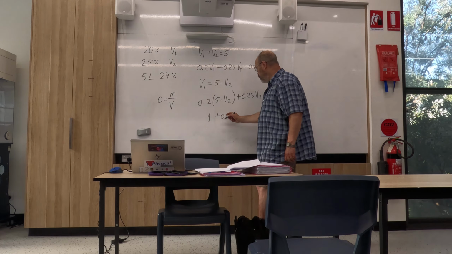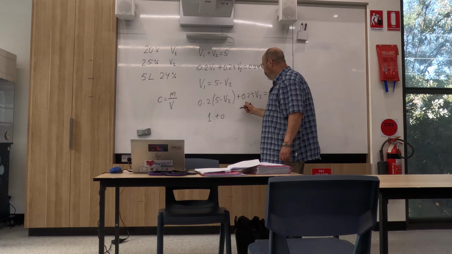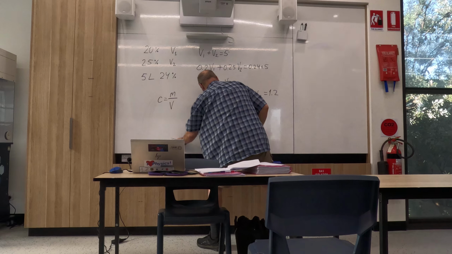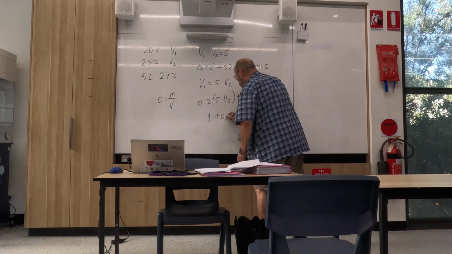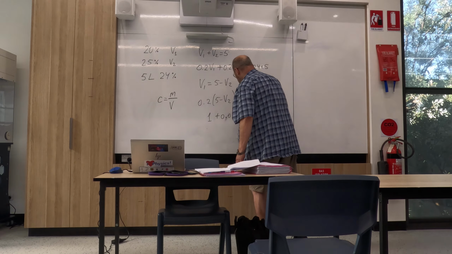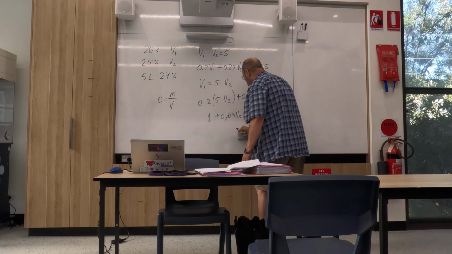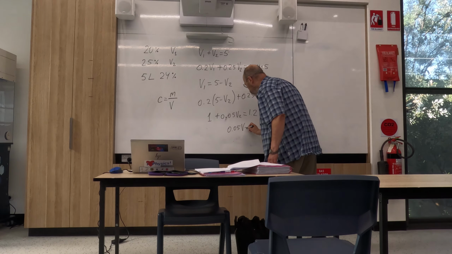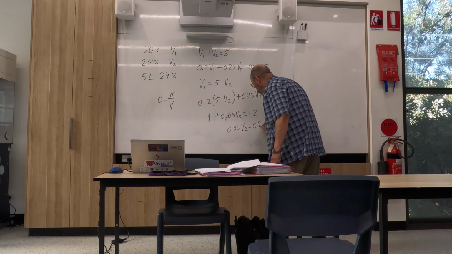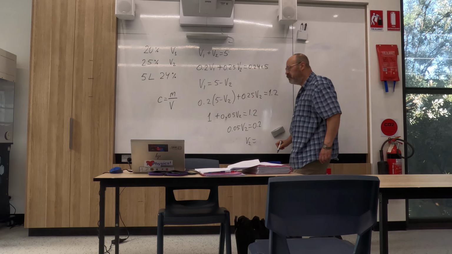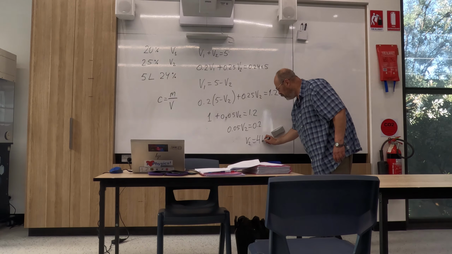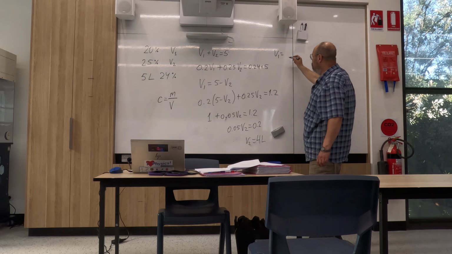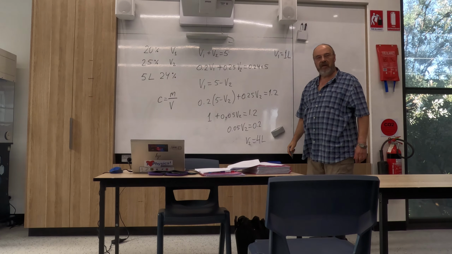If we expand brackets, 1 minus 0.2 V2 plus 0.25 V2, so we have plus 0.05 V2 equals 1.2. So you get 0.05 V2 equals 0.2. So what does V2 equal? 4 liters. And V1 equals 5 minus this, equals 1 liter. Makes sense?